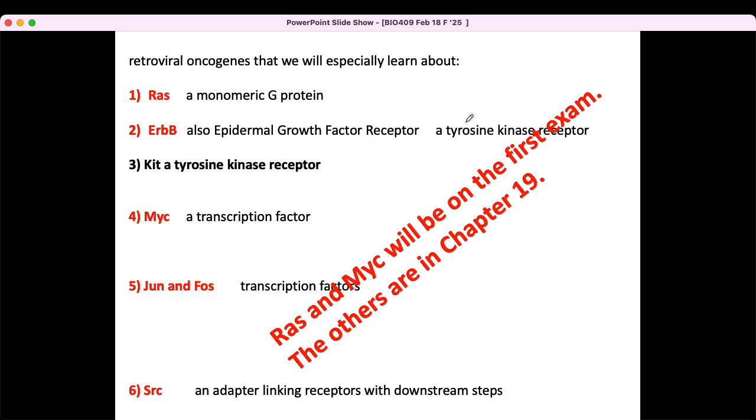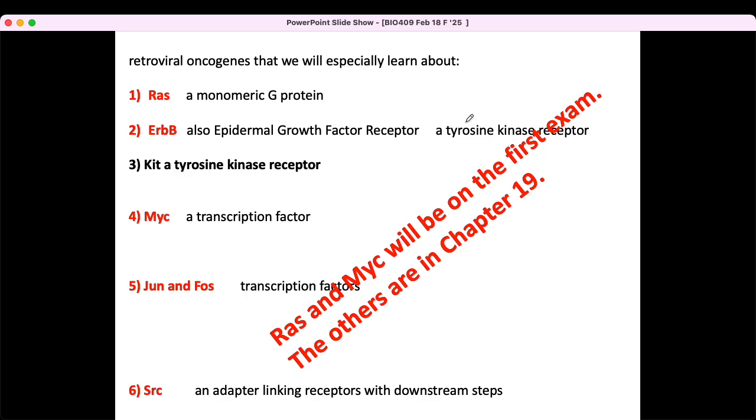Yep. So we're going to learn over time probably about a half a dozen of the famous oncogenic retroviral oncogenes that were discovered in the 1970s. And we'll talk about SARC, but not for the first exam and not with any great significance.